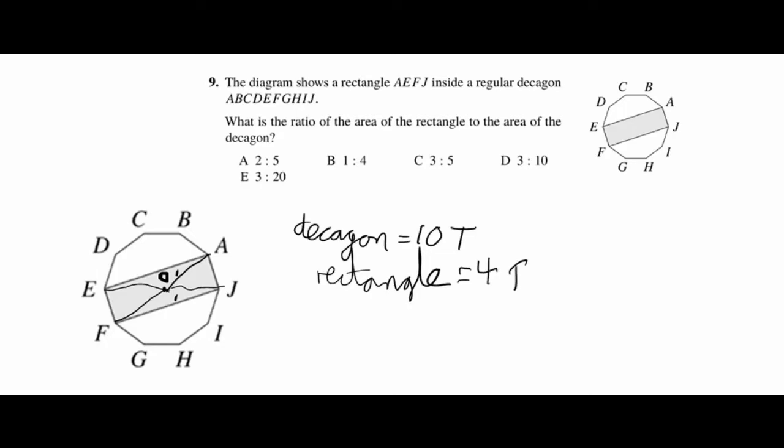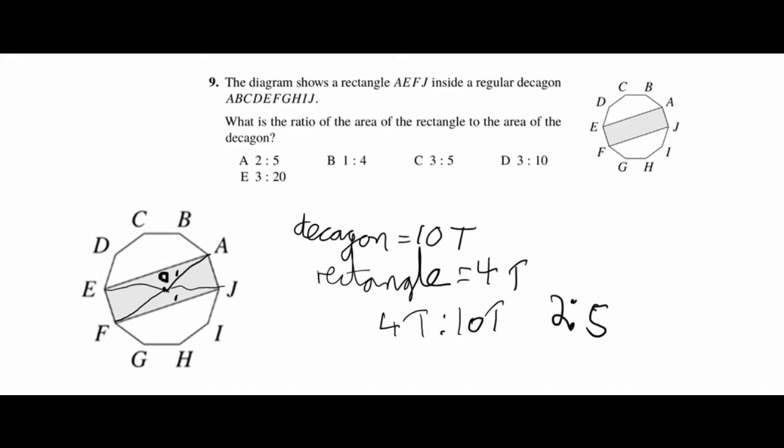And so this means that the ratio between the area of the rectangle and the area of the decagon is 4t to 10t, where t is just the number of those triangles that we talked about in the beginning of this question. And so clearly the ratio, if we simplify it, will be 2 to 5, which corresponds to answer A.